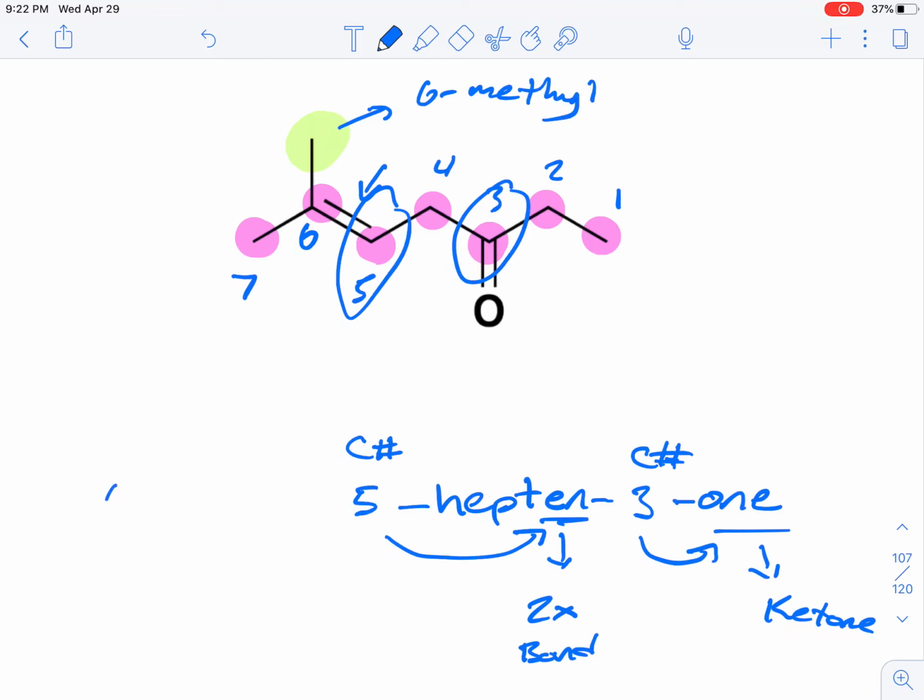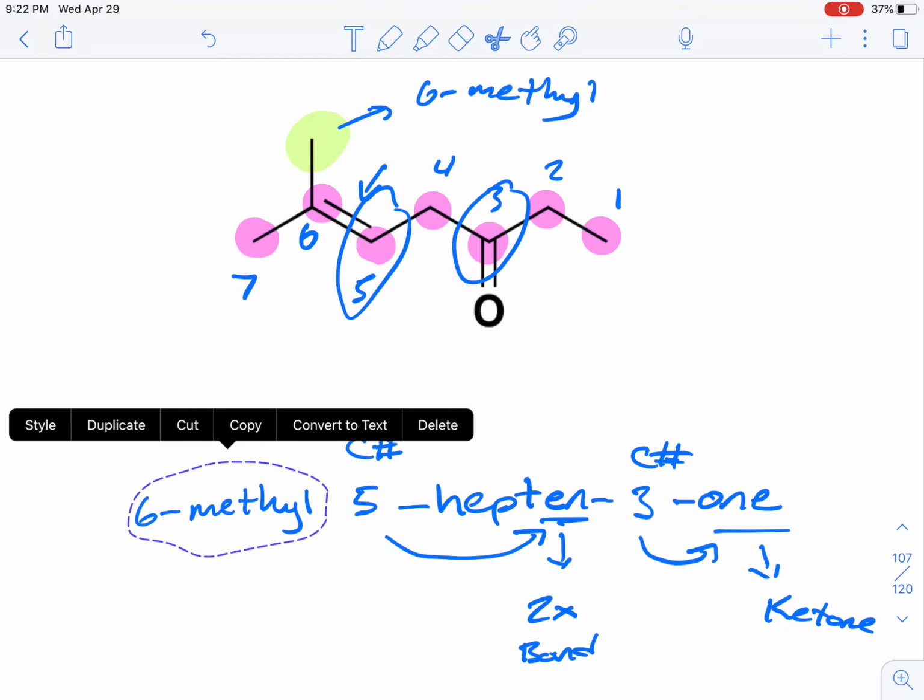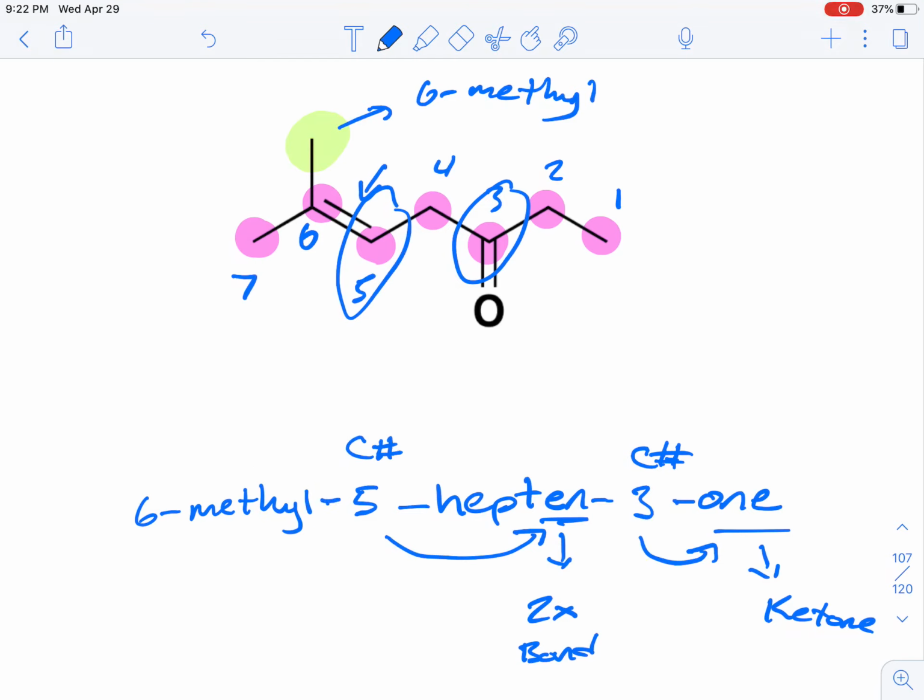So we're going to go ahead and write 6-methyl. And then since there's nothing else to describe, I'm going to go ahead and bring this closer and connect these substituents with a dash. So this is going to be 6-methyl-5-hepten-3-one.